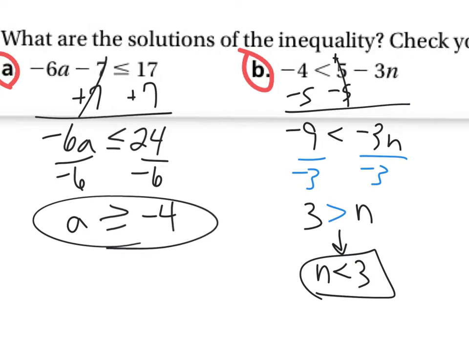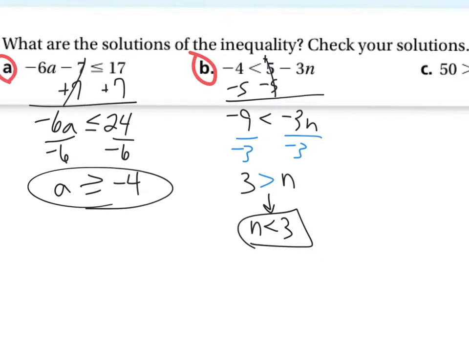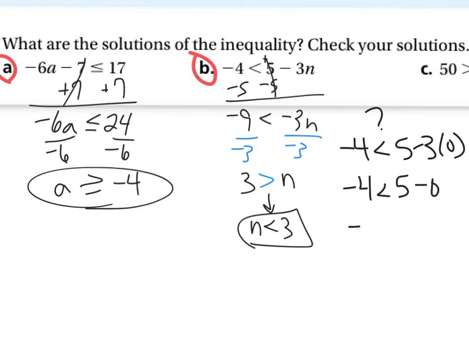Again, for that problem, if you pick a number less than 3, 0 is less than 3, so that'd be an easy one to check. So put a 0 back in the inequality and see if it works. We're testing this. 3 times 0 is 0. So basically, is -4 less than 5? It is. So at least that one's correct.